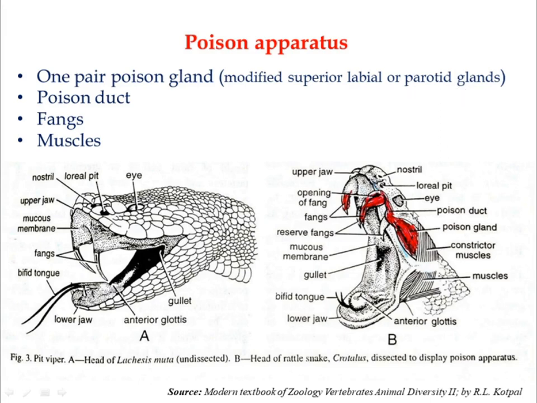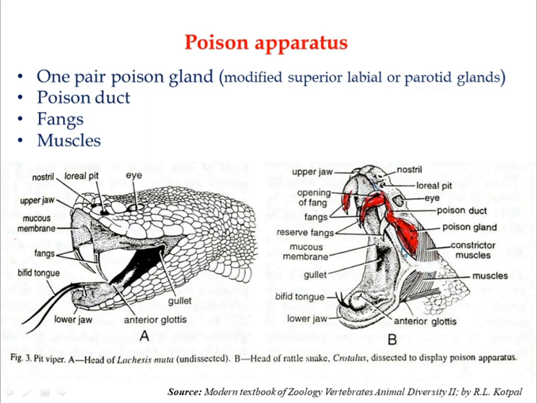These glands may be small and oval as in sea snakes, or they may be large and tubular like in vipers. So depending on the species of venomous snakes, the shape of the poison gland varies.